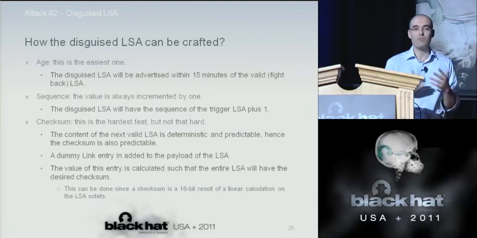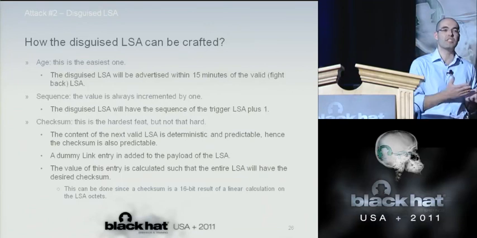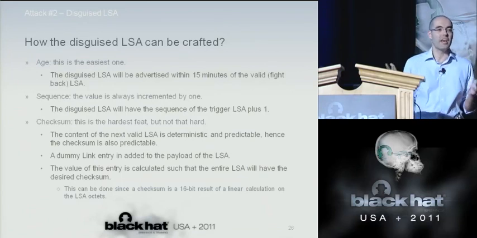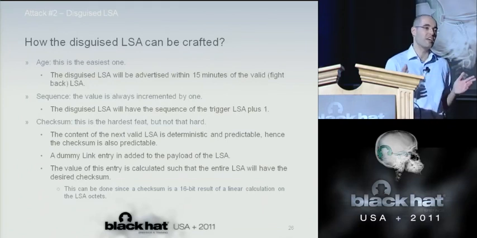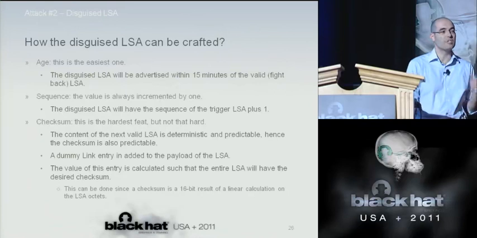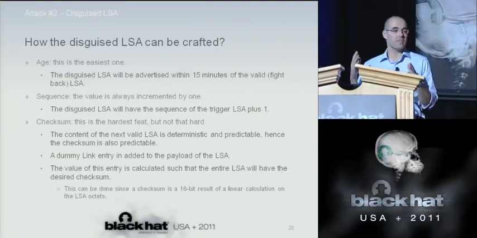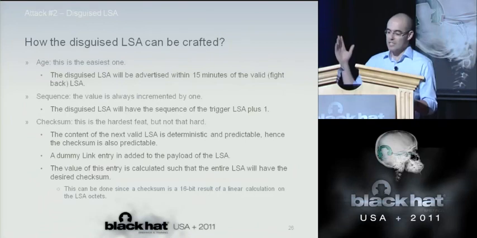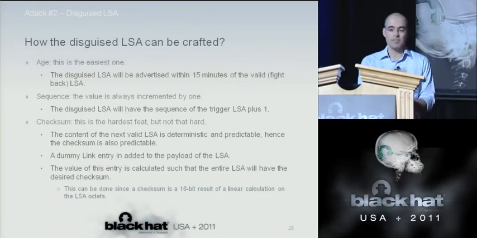Or if you are not that good at math, you can just brute force it. It's only 16 bits. Just try a lot of values for the link entry, and within 2 or 3 seconds, you will eventually get this checksum. So we now have the disguised LSA having the exact same age, sequence, and checksum as the future fightback.